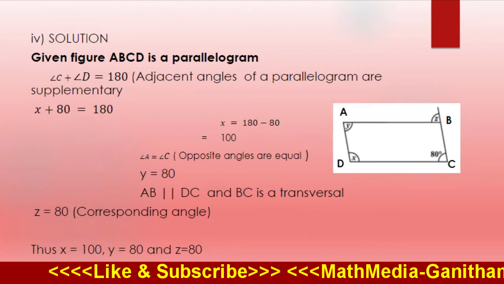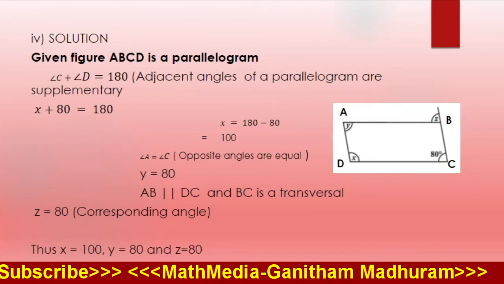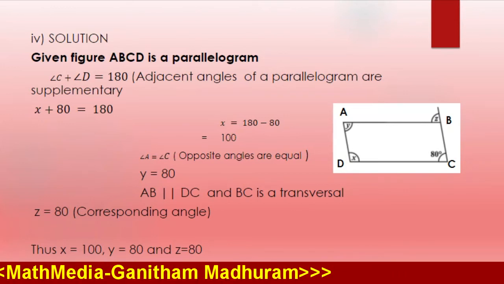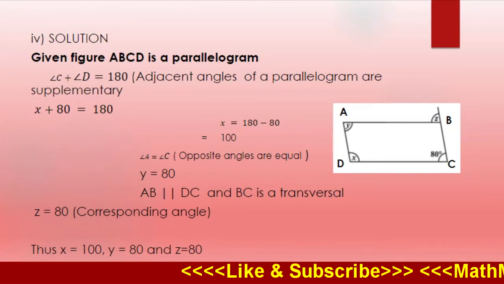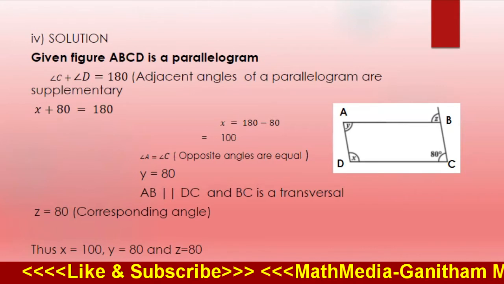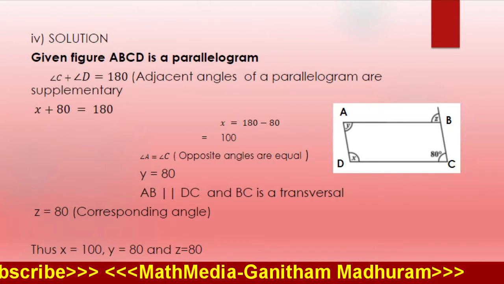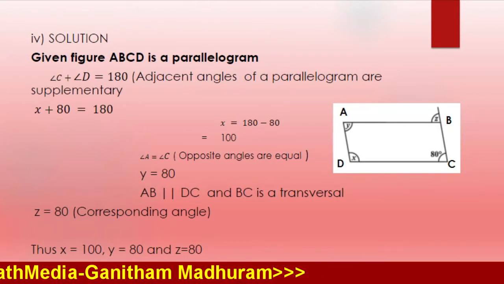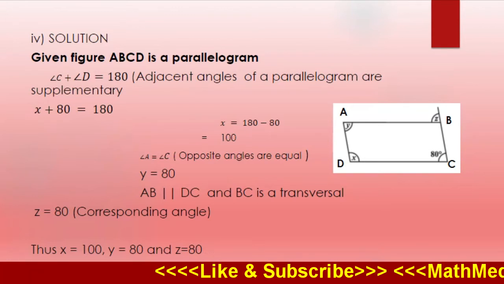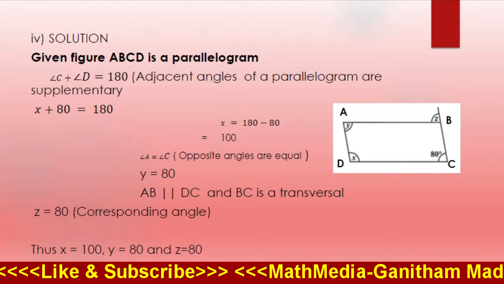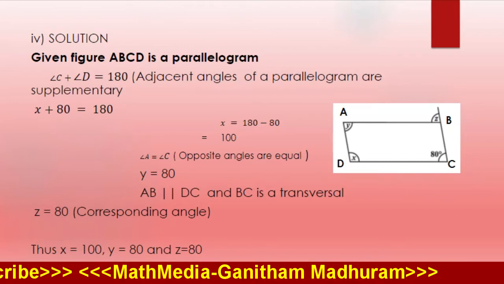Next question. Given ABCD is a parallelogram, we have to find the measures of angle x, y and z. Now listen here. Observe the figure carefully. Angle D plus angle C equal to 180 degrees. Adjacent angles of a parallelogram are supplementary.